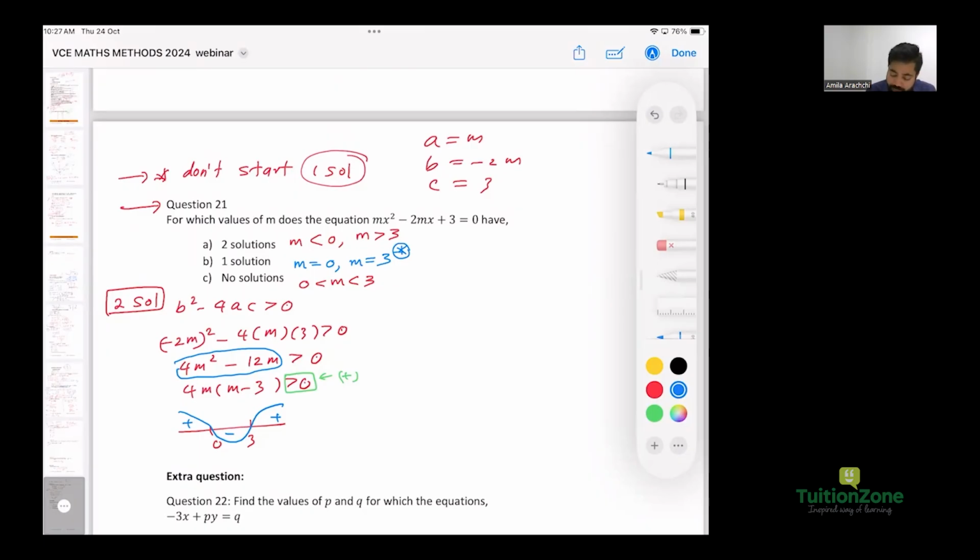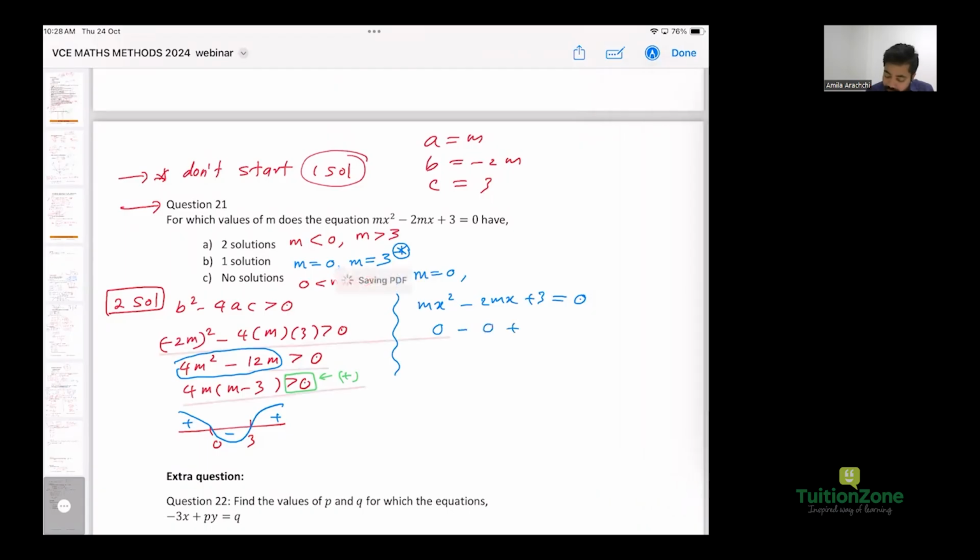Now, if you just analyze my equation, M equals 0 to be subbed into the equation, which is mx squared minus 2mx plus 3 equals 0. Can you sub M equals 0? What's the answer? 0 minus 0 plus 3 equals 0, which is what? 3 is equal to 0.